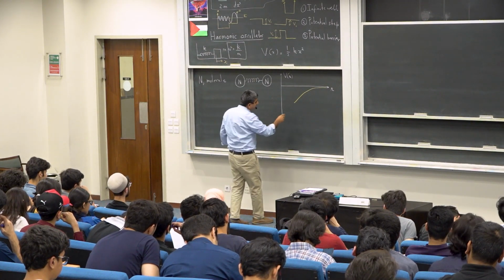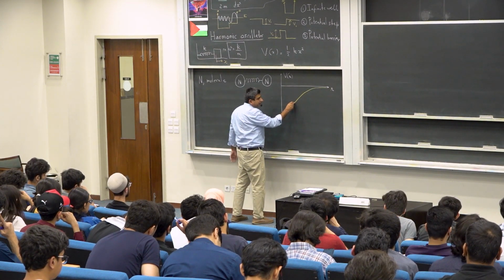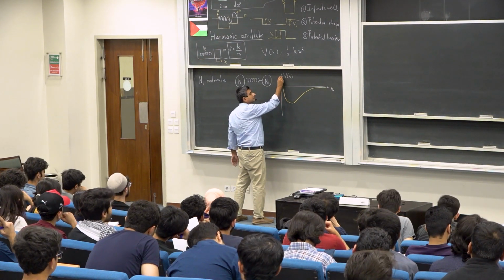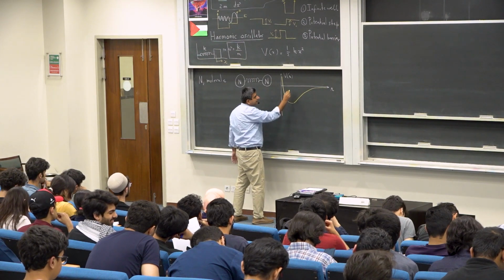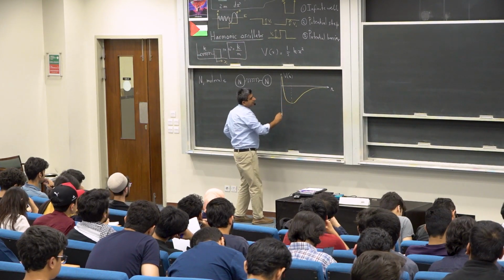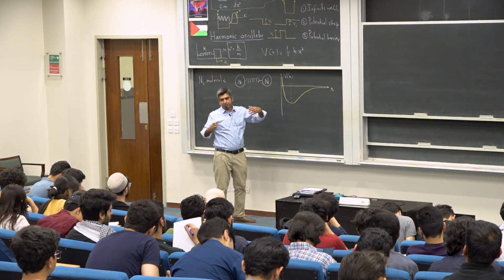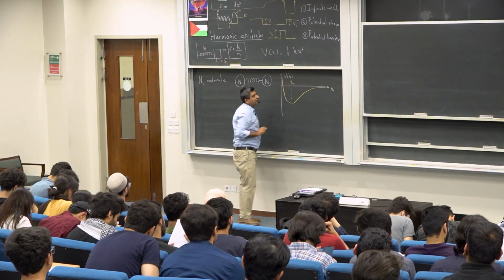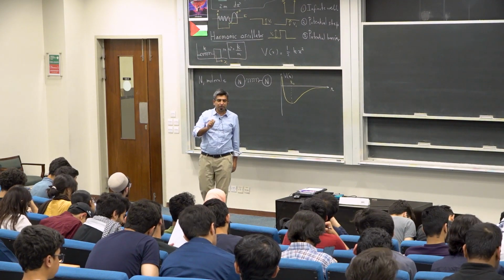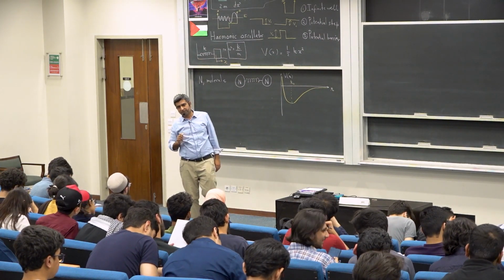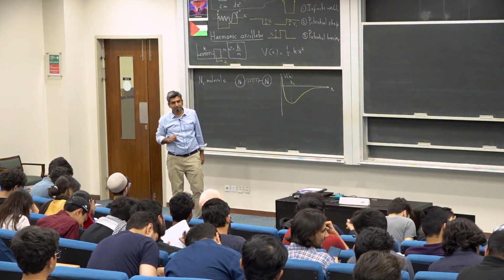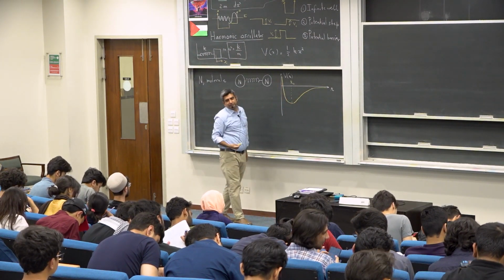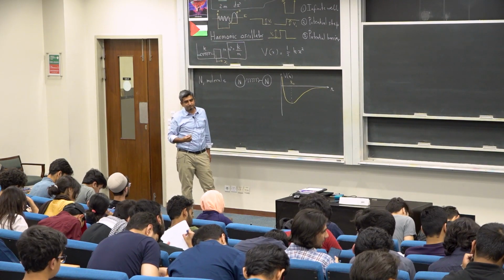So at one point, this curve takes a turn and goes back up again. This point at which the potential energy of this molecule is minimum, that's generally called the bond length, R0. So every molecule has a bond length. It's a diatomic molecule, it has a bond length. So there's a potential energy curve associated with this molecule.